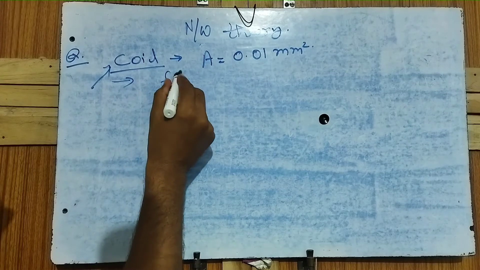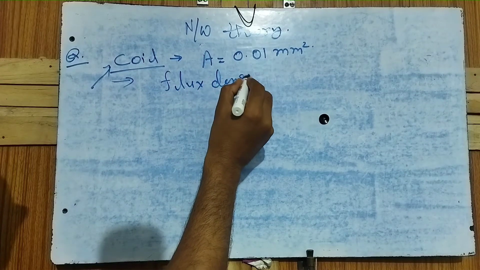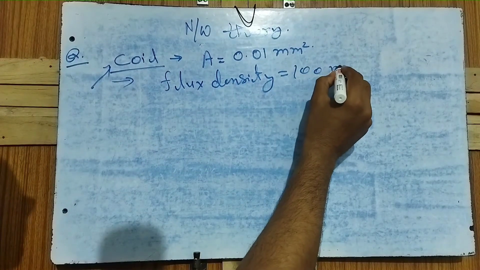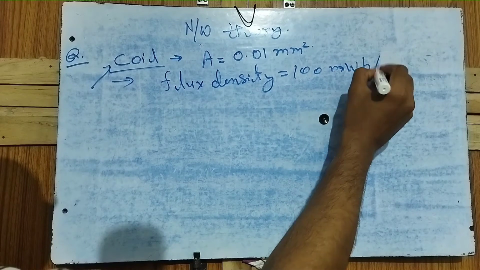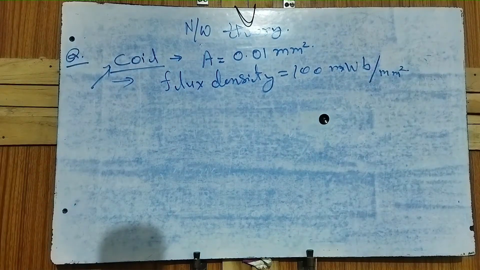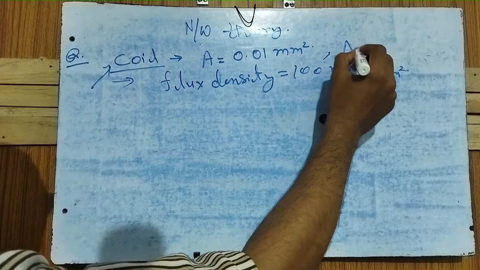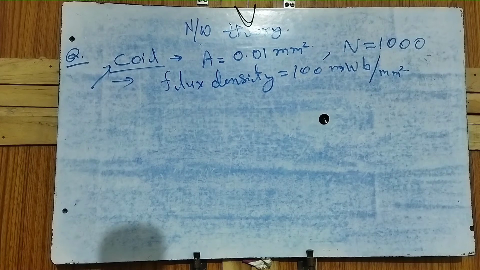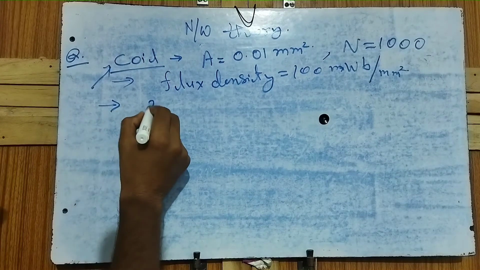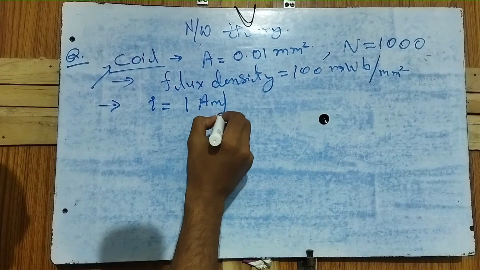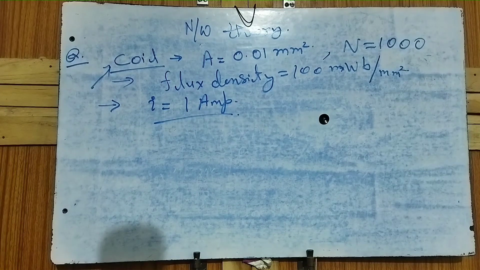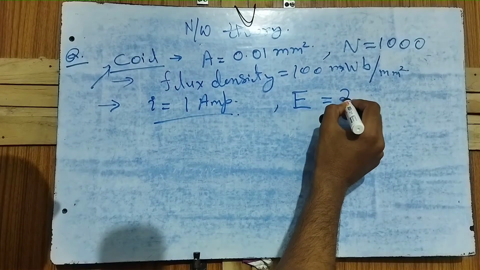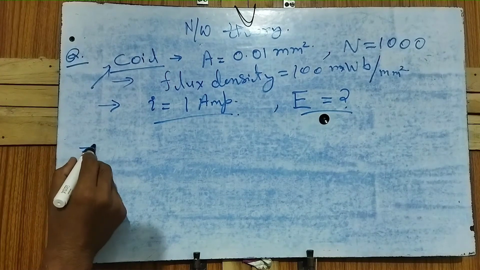So flux density is given, and the flux density is 100 milliweber per millimeter square, right? Flux density, and the number of turns, capital N, is 1000. 1000 number of turns are made on the core, and finally the current applied is 1 ampere. So what will be the energy? Find out the energy in the coil. How much? Solve.